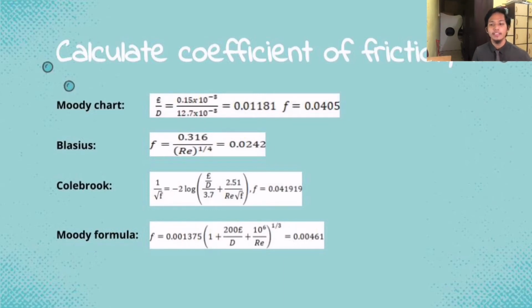And then lastly, we can calculate the coefficient of friction by using the Moody formula, which is 0.01375 times (1 plus (200 times e over D plus 10 to the power of 6 over Reynolds number)), and then all inside the bracket is to the power of 1/3, and we get the coefficient of friction is 0.054.